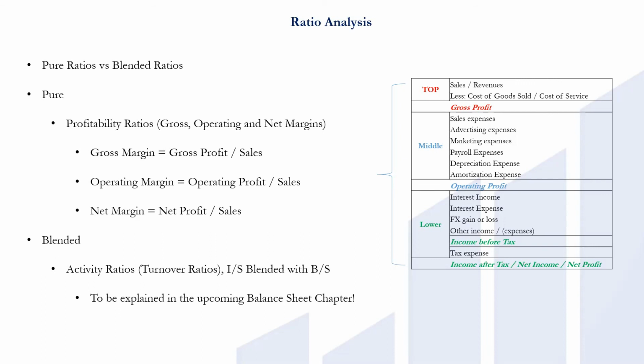Operating margin, which is operating profit by sales, is how much in percent you have made out of your operations when you take into consideration your total sales base. Same goes for net margin. It is the net income, the net profit, by sales, which means how much in percent you have generated out of your total pie of sales.